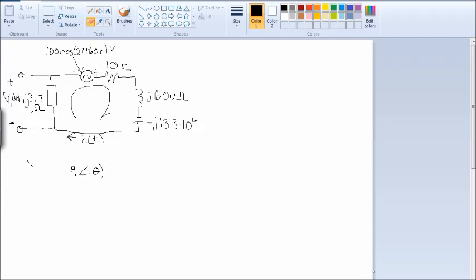So that's what I'm going to do. So, like we said, we have 100 angle 0. That's our voltage.